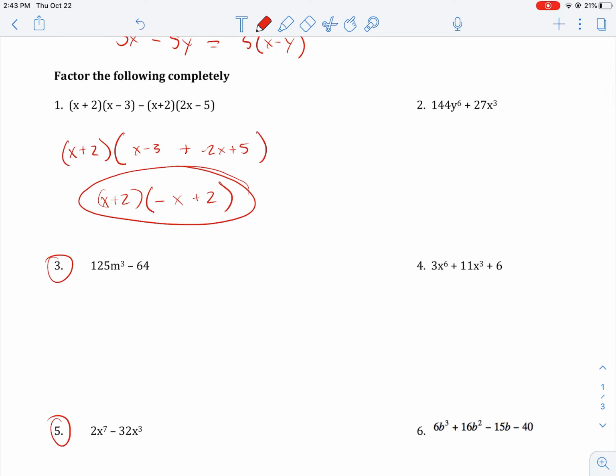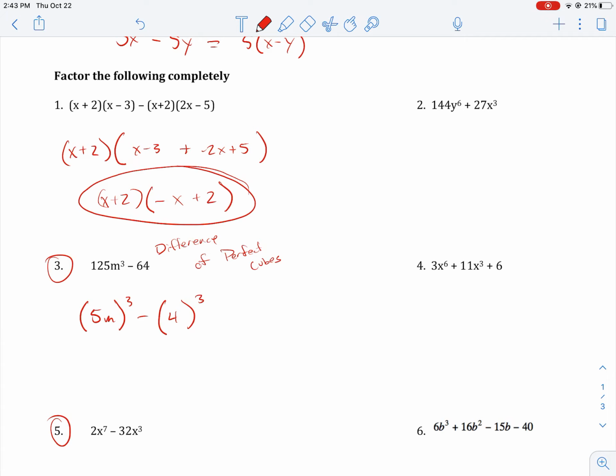So the next one, this is an example of a difference of perfect cubes. Okay, so I know 125 is just 5 cubed. And I'm going to put that m right there. So I'm writing it like this so it makes it a little more clear on what our a and b value is.